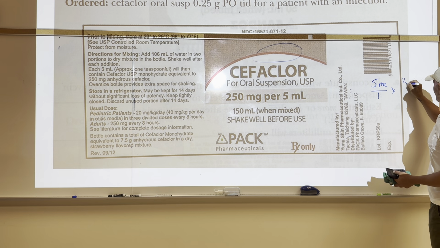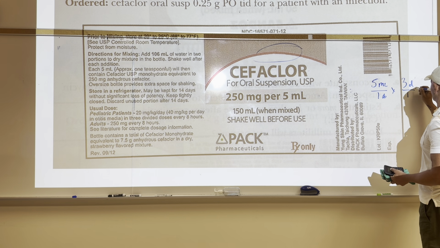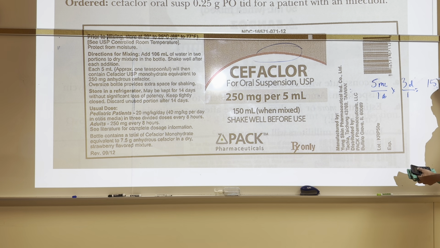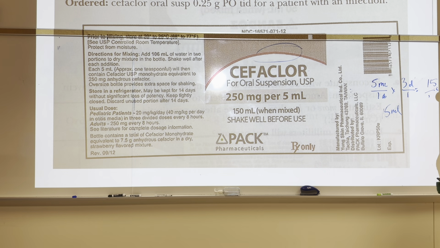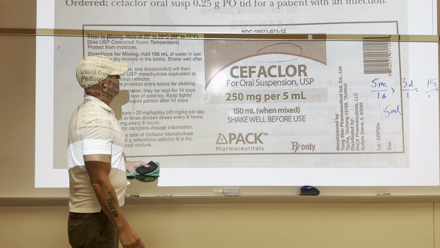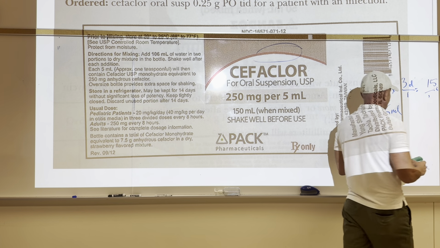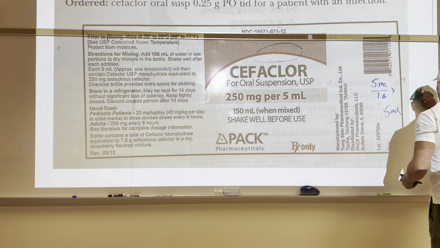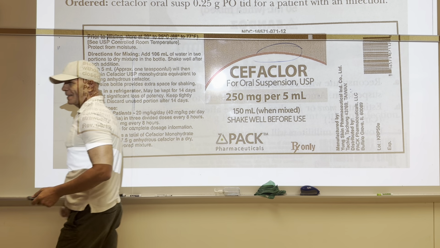We got 3 doses per day. 15 equals 15 mLs per day. Okay? There's how much you're gonna give per day. So this is an antibiotic, you give that 3 times a day, and you get 15 mLs per day. Alright? Practice, practice, practice, guys.